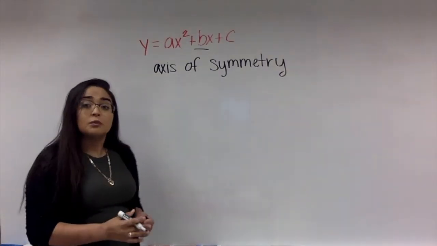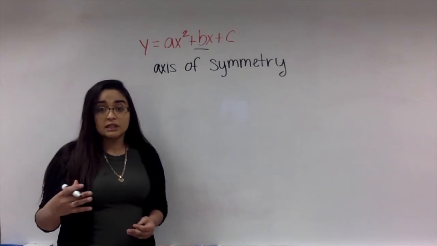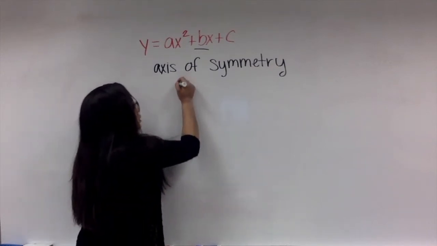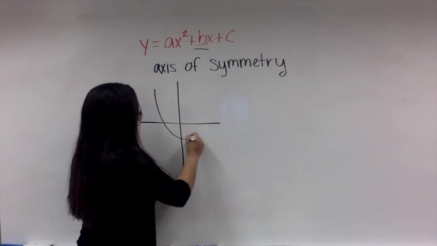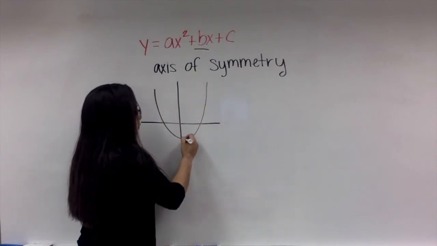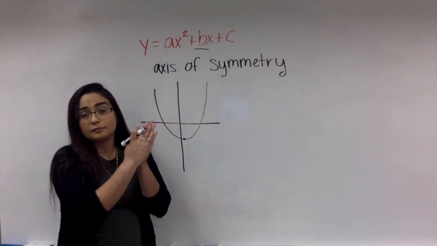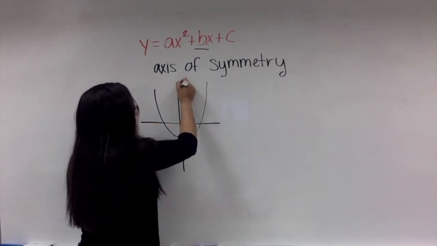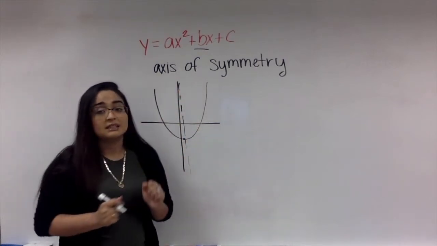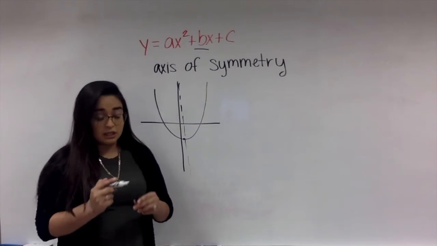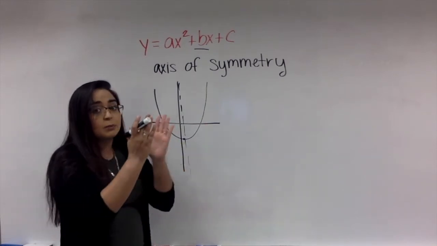Remember yesterday when I explained what the axis of symmetry was, it was on your parabola. Wherever you were to fold your graph, like that invisible line, that is the axis of symmetry that makes it so when you fold it, both sides match.